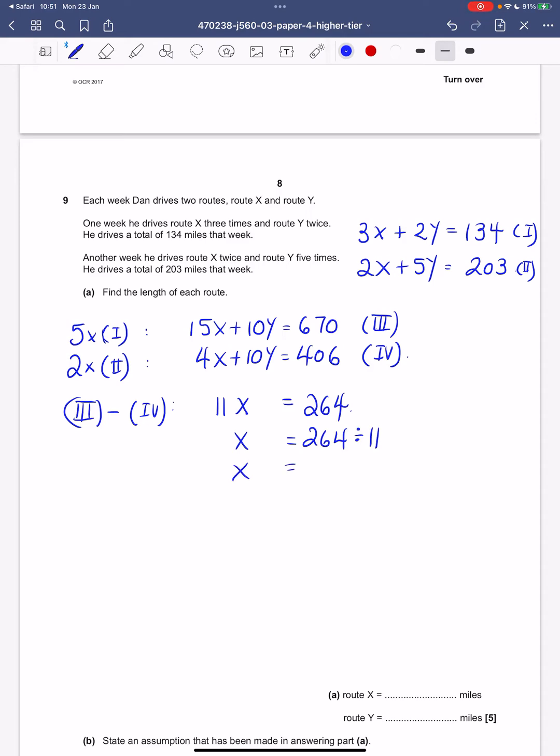X is 24. Then we can substitute x equals 24 into equation 1 or equation 2, which will make it into an actual number, so we'll be able to work out y. Let's substitute for x in equation 1. That's going to give us 3 times 24 plus 2y is 134.